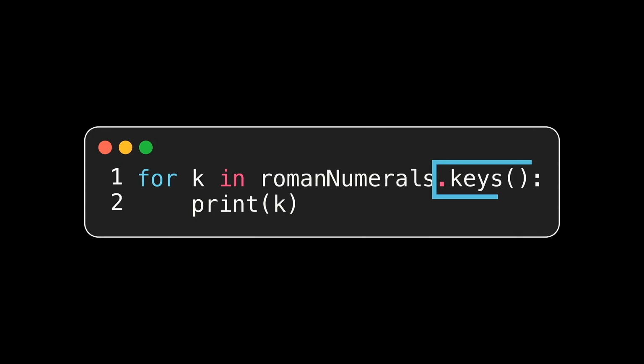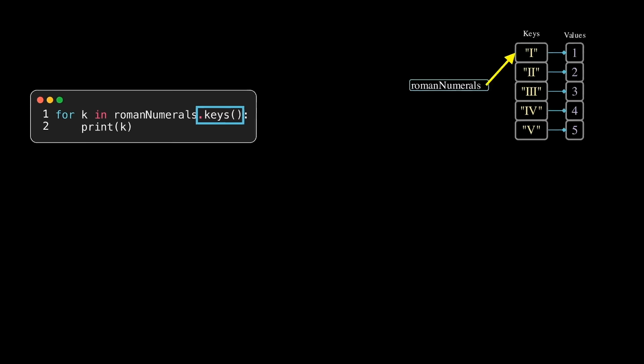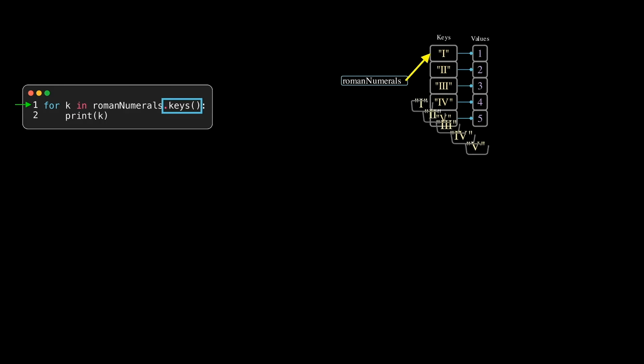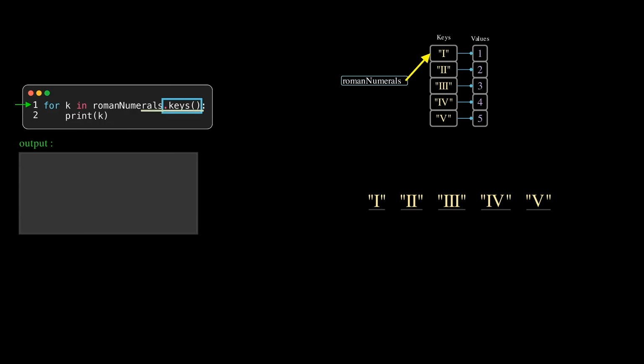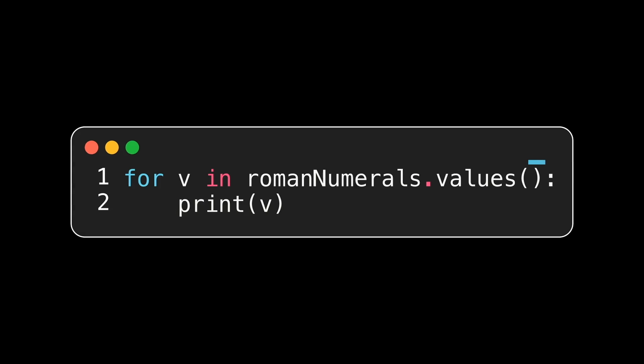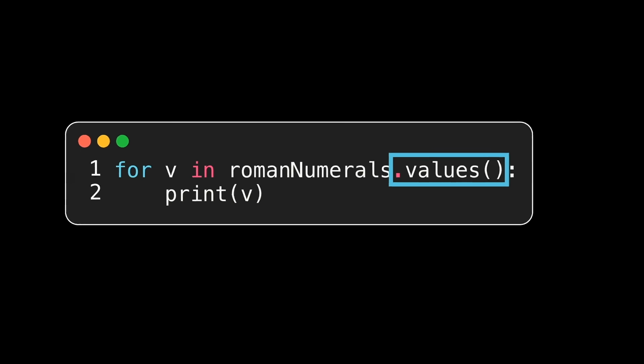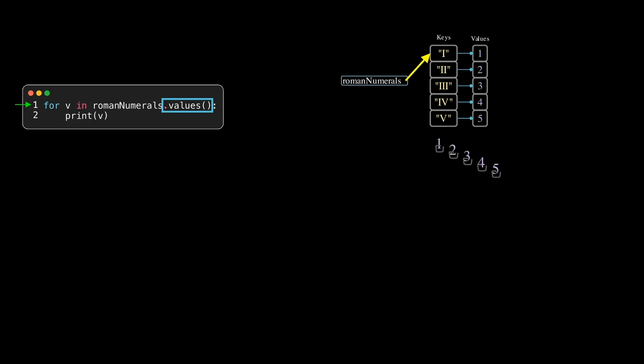The keys method returns an iterable of all the keys in the dictionary. This lets us loop through just the keys and do something with each one, like printing them out. Similarly, the values method returns all the values in a dictionary, which we can loop through in the same way.